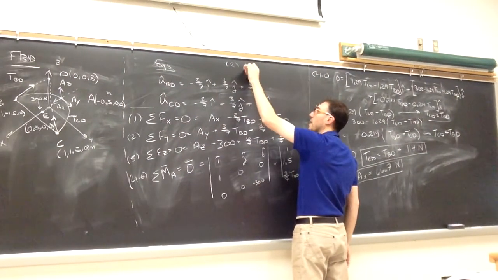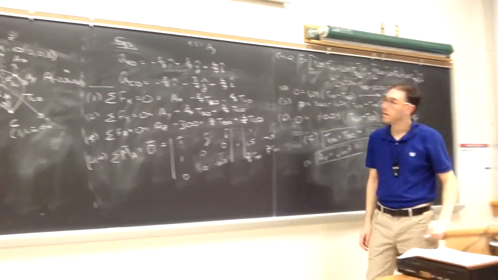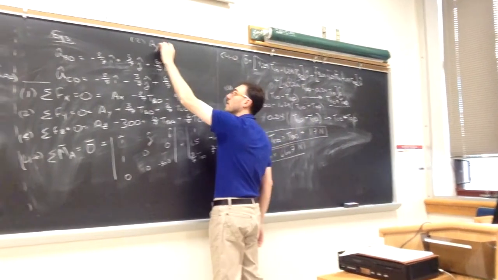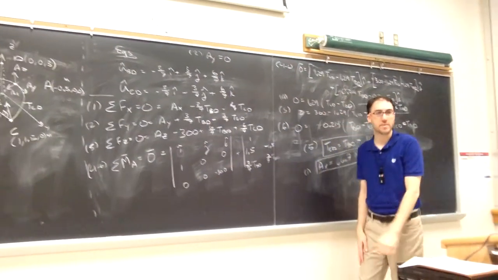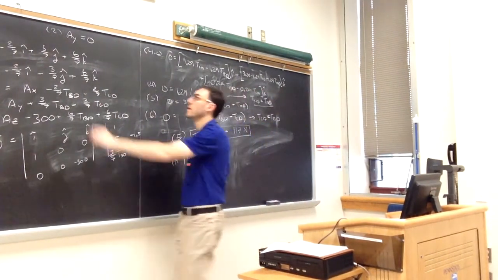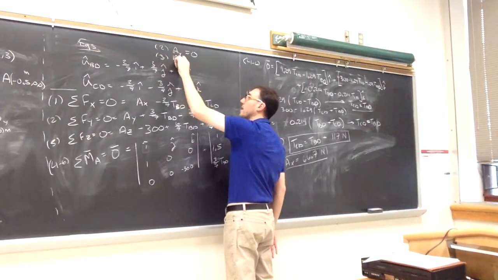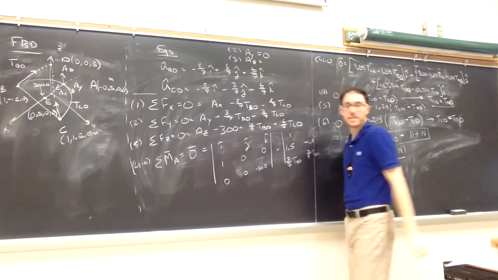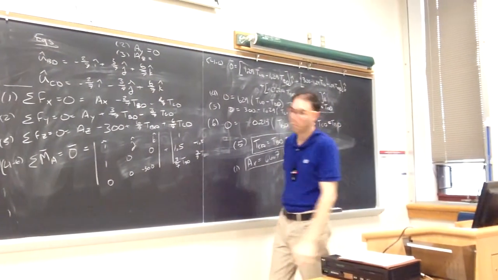I can solve AY from equation 2, and that does turn out to be 0. And finally, using equation 3, I can find the value that AZ is 100 newtons.